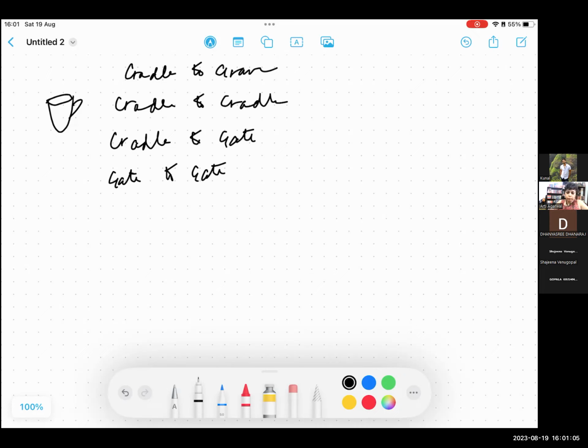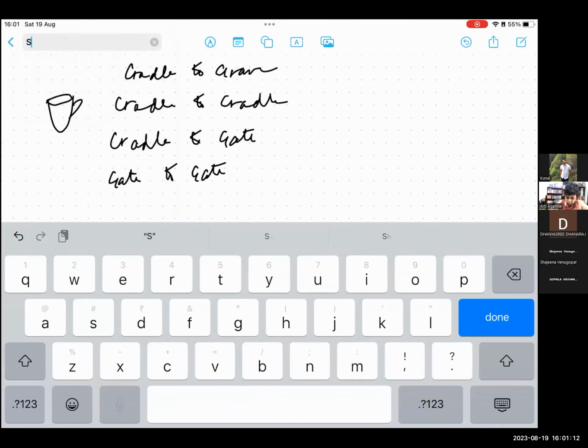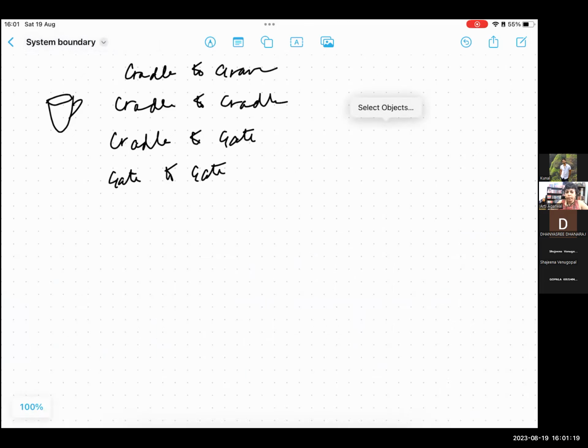Basically the reasoning is which one is applicable, how to judge? If there are no two gates in your product, then it won't be gate to gate.